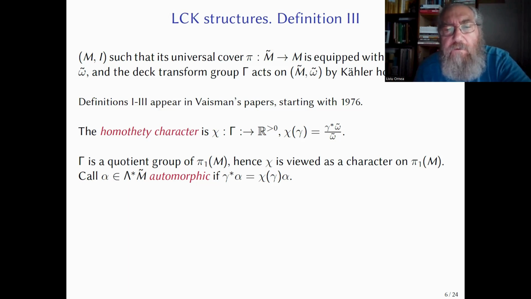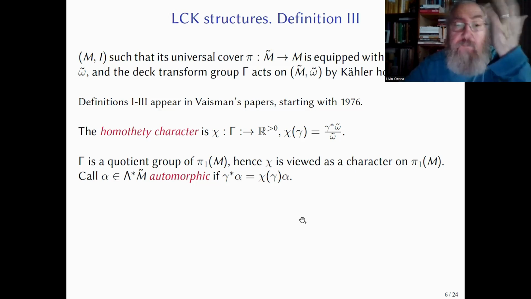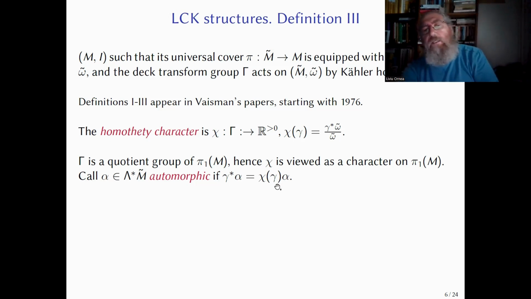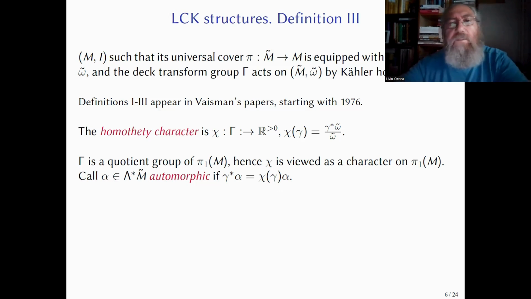If you can control their behavior, the good behavior is this one: they multiply the differential form by the homothety character. This is valid also for functions, of course. An automorphic object will be interpreted immediately as a section in a certain bundle.